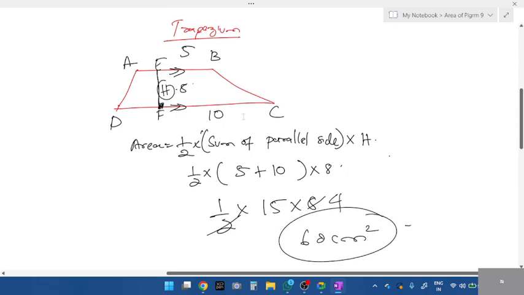Don't have to write this, just draw the diagram and tell you the formula. I will start the question.